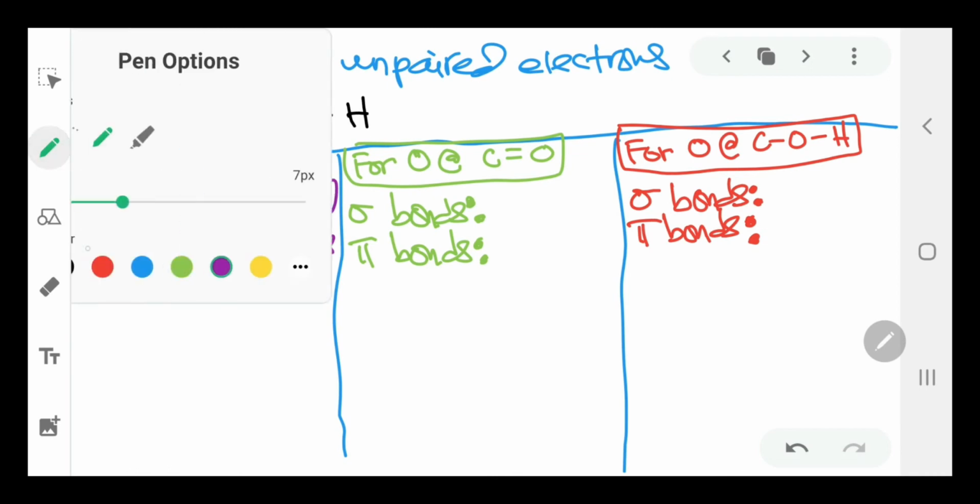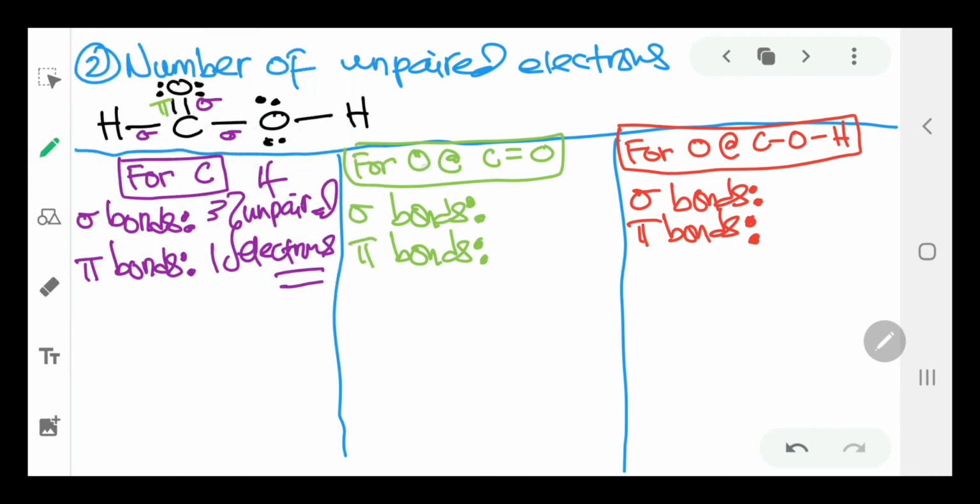So the oxygen right here, you have 1 sigma bond and 1 pi bond. So it needs 2 unpaired electrons.